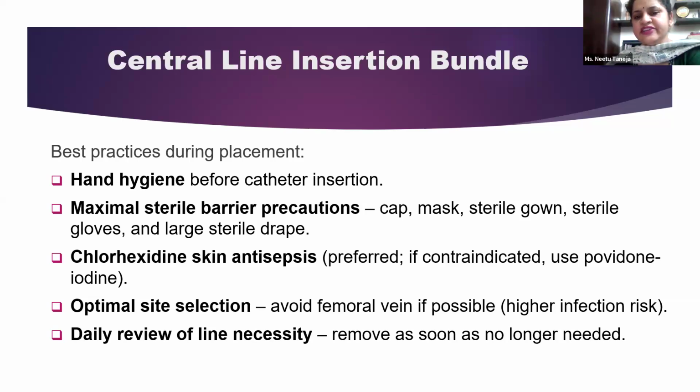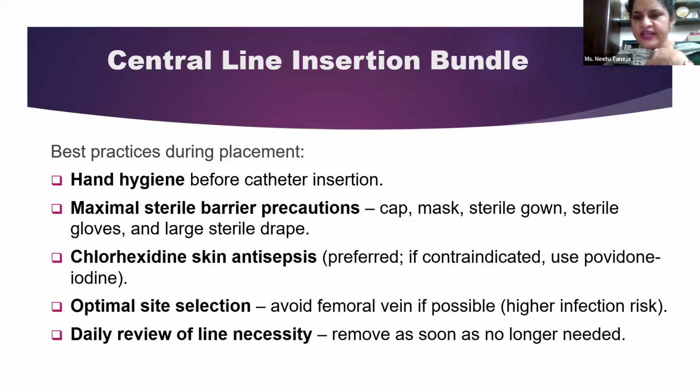Optimal site selection is again important. As I told you in one of the slides, we can go for internal jugular, subclavian or femoral. But femoral has more chances of contamination because of the proximity to the area where the child passes urine, so one should avoid it.